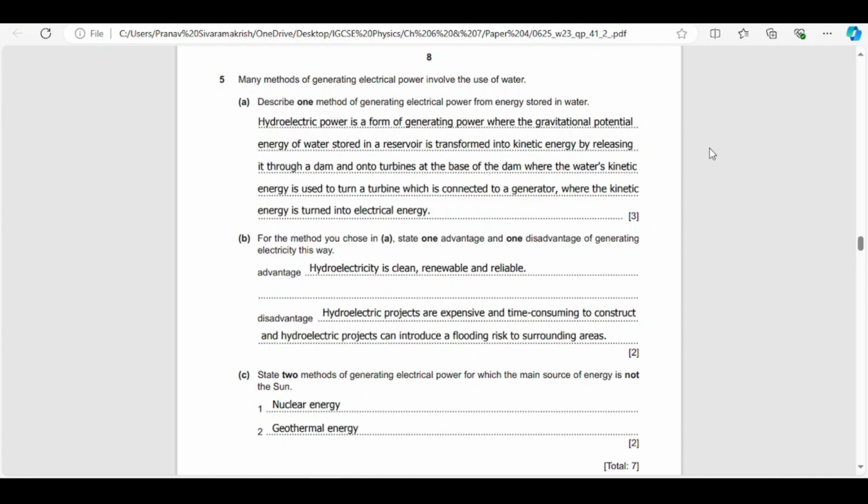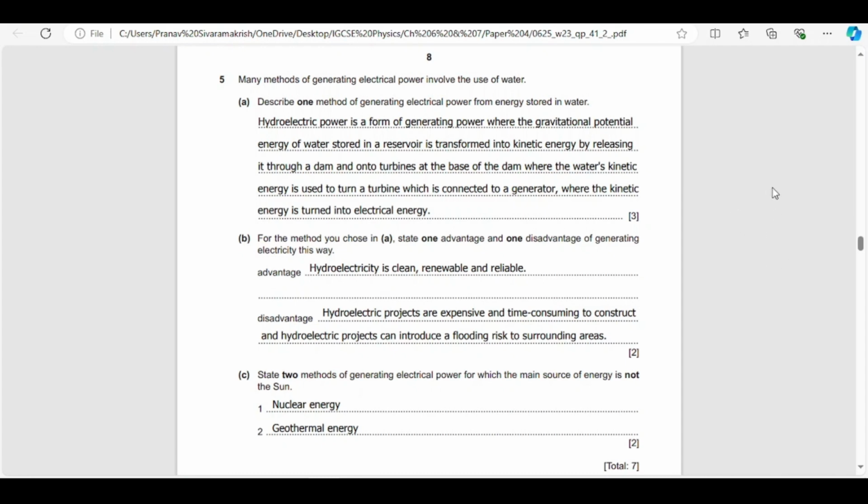So the gravitational potential energy gets converted to kinetic energy, and then the water makes contact with the blades of a turbine. Essentially, the kinetic energy of the water is converted to the kinetic energy of the turbine, and the turbine is connected to a generator.